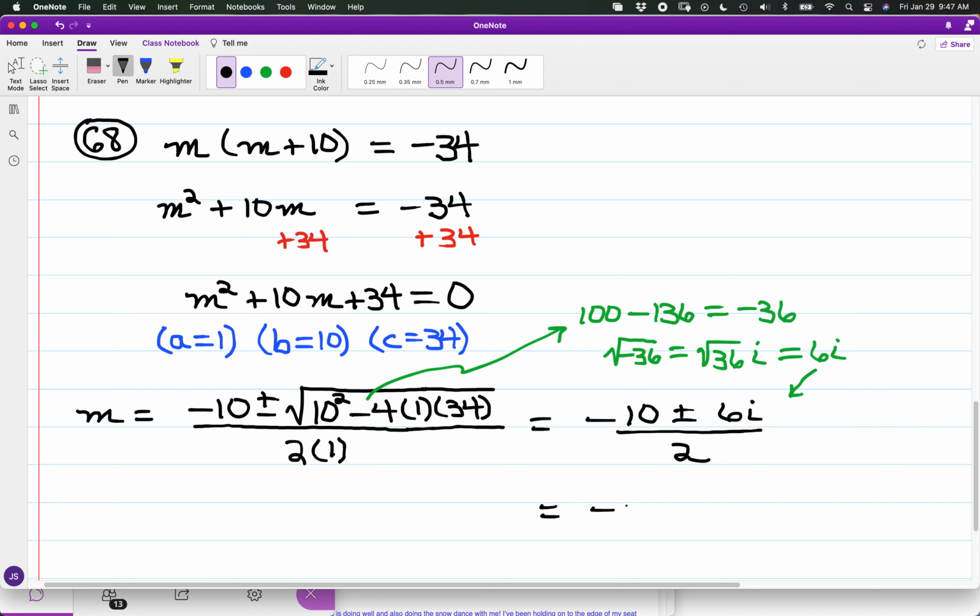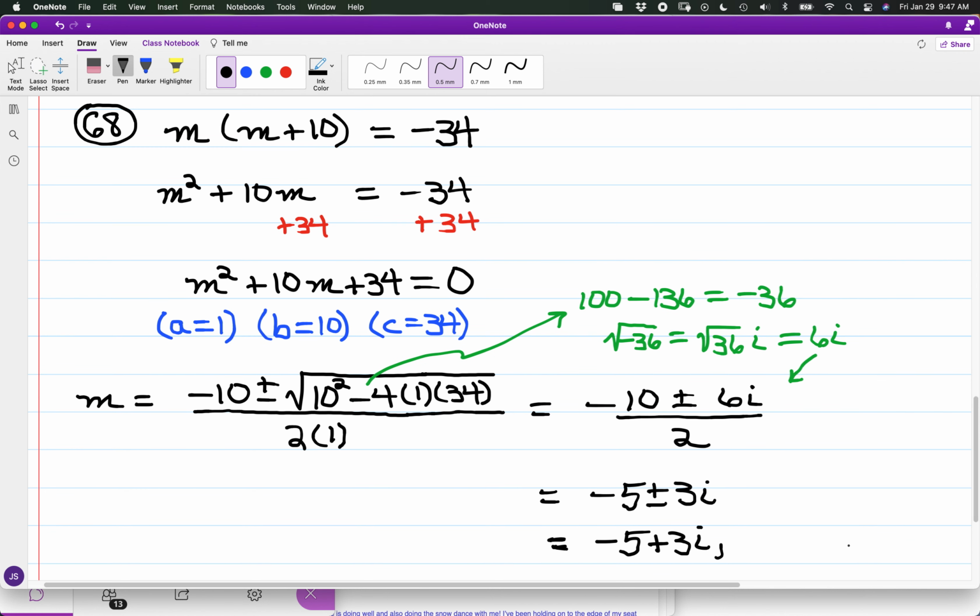So we can say we have negative 5 plus or minus 3i in the compact notation. And once again, if I draw it out separately, we have negative 5 plus 3i, as well as negative 5 minus 3i.